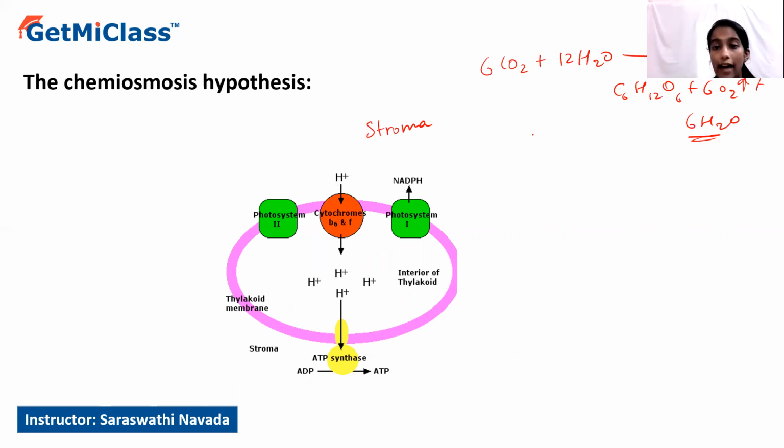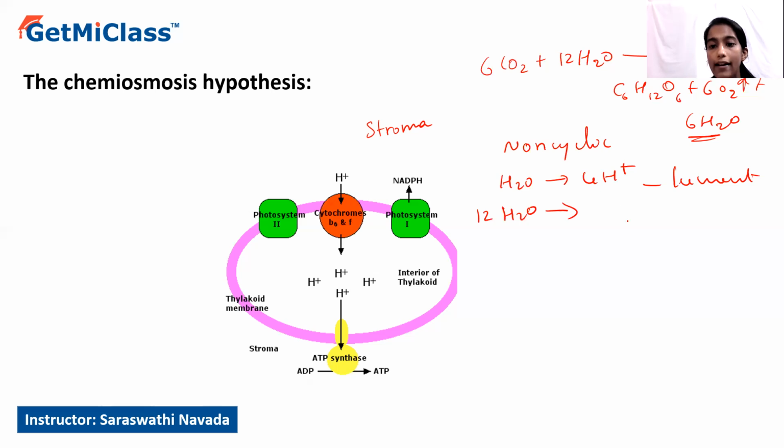I said that in non-cyclic photophosphorylation, for 1 water molecule, 4 hydrogen ions will be added to the lumen of thylakoids. So for 12 molecules of water, how many hydrogen ions will be added? It will be 12 into 4, which is 48 hydrogen ions, right? Whereas in cyclic photophosphorylation, for a molecule of water, 2 hydrogen ions will be added to the lumen of the thylakoid.